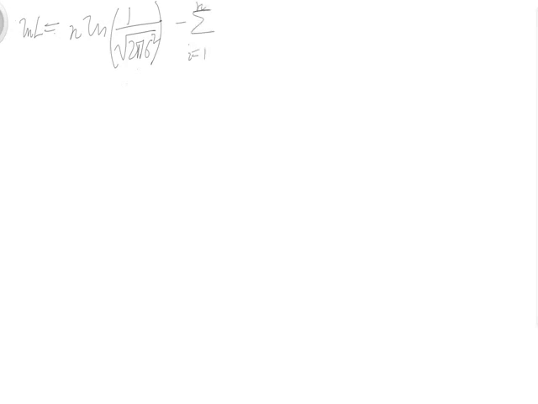Now let's find the maximum likelihood estimator for the second parameter, sigma, of the normal distribution.